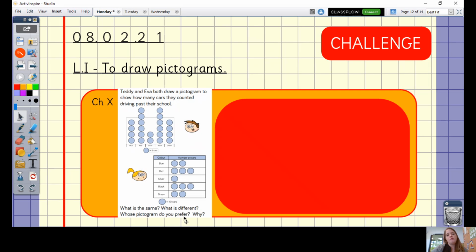Whose pictogram do you prefer and why? Okay, so Teddy's pictogram is here and Eva's pictogram is here. What is the same about them? What is different? And whose pictogram do you prefer and why? Just pause the video here to try and think about at least one thing that's the same, one thing that's different, and then whose you prefer and why.